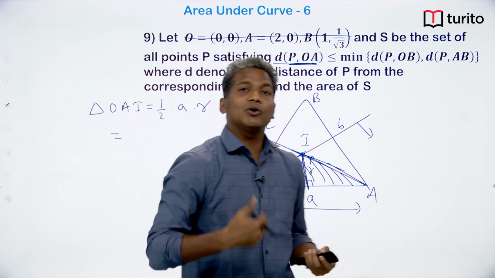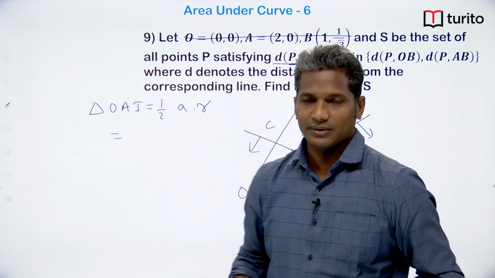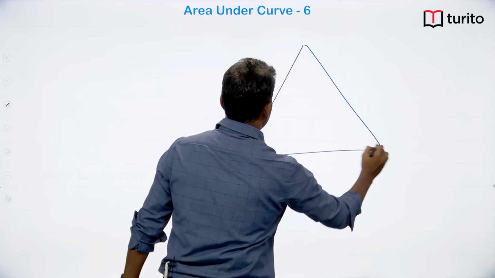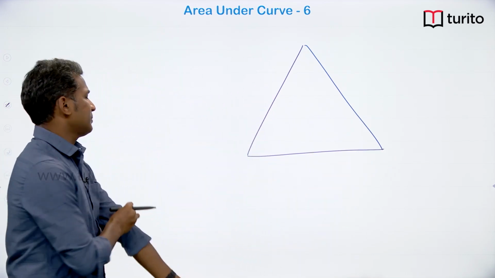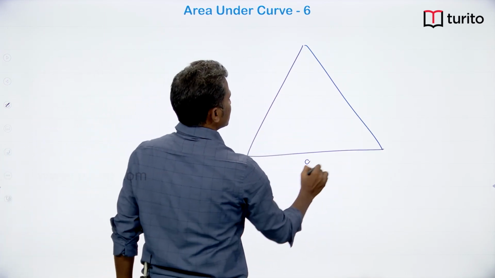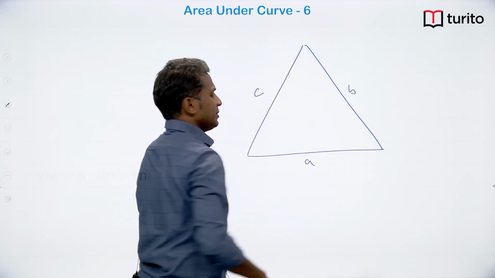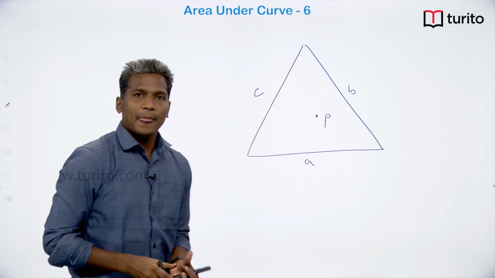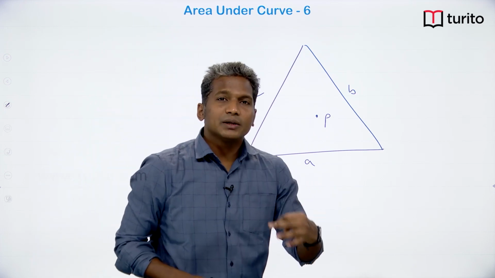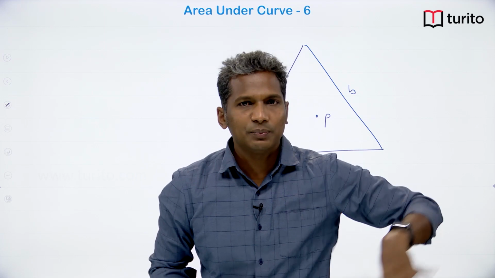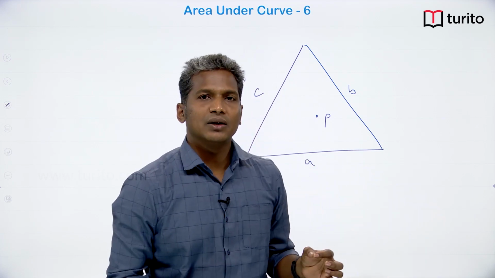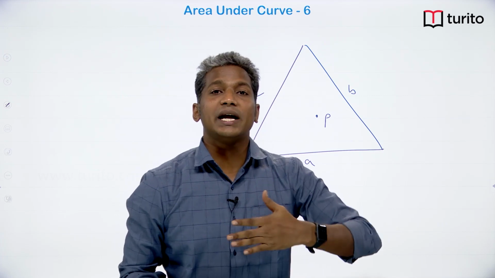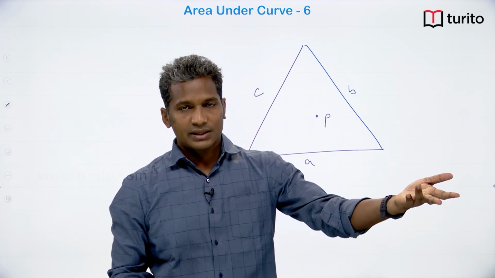On this question I also used to give one probability question. I have directly fast forwarded because we don't have much time. My question is like this. If a triangle has sides a, b, c, and there is a point P inside the triangle, what is the probability that if we select any point randomly inside the triangle, the point P is closer to side a than the other sides?